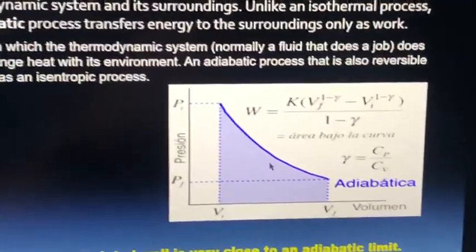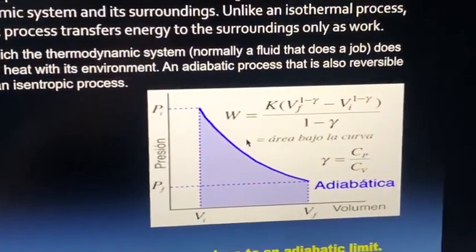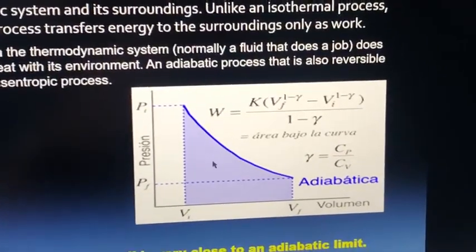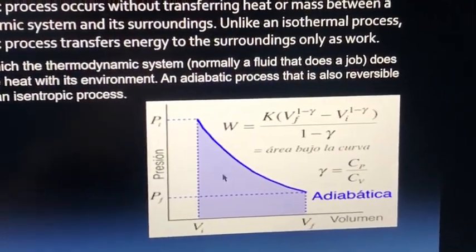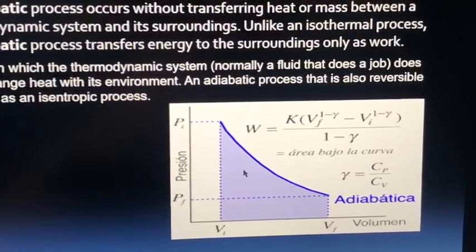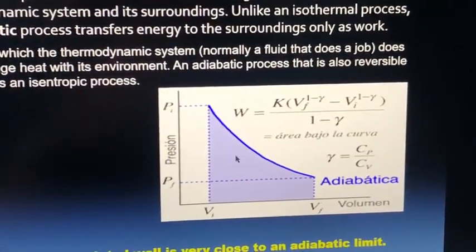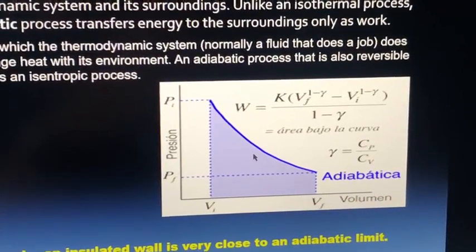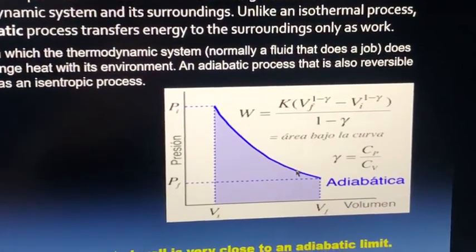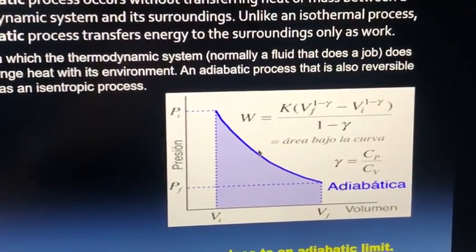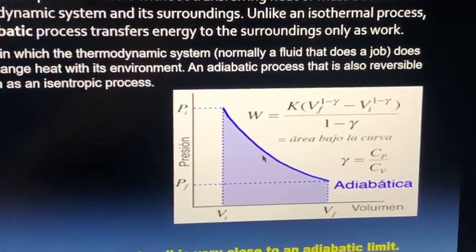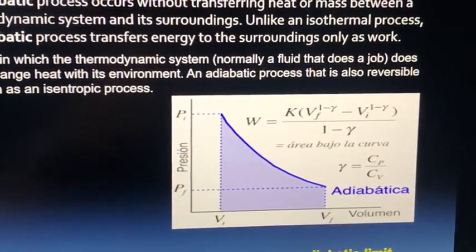If we have a piston with some gas and the piston is pulled out of the gas, we can know that the pressure is less and the volume is more, because the piston is taken out, so we can obtain more volume.